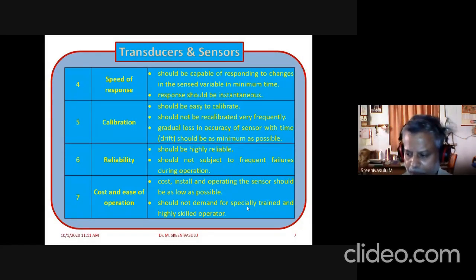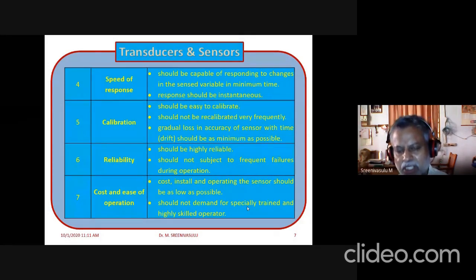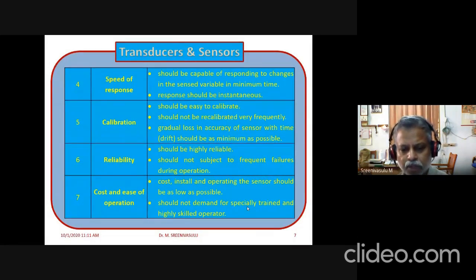You wanted to maintain the temperature of that particular process. If it shows that particular value on time, then there are necessary actions that need to be taken based on that. So all those things are possible when you have a sensor which can sense the value within the minimum stipulated period of time.